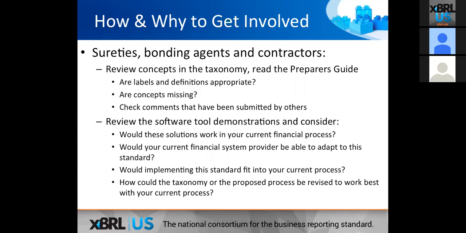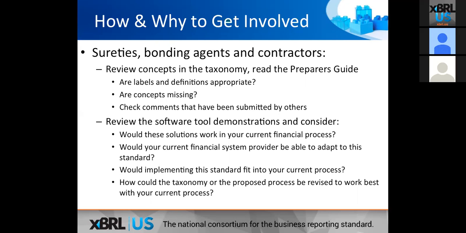The group that has sat together and developed it to date has been a small group. We've tried to take in as many viewpoints as we can and be sure that the concepts are defined appropriately. But you know, it's like everything. We don't know necessarily what we don't know. We don't have everybody's viewpoint. So we need the additional perspective.